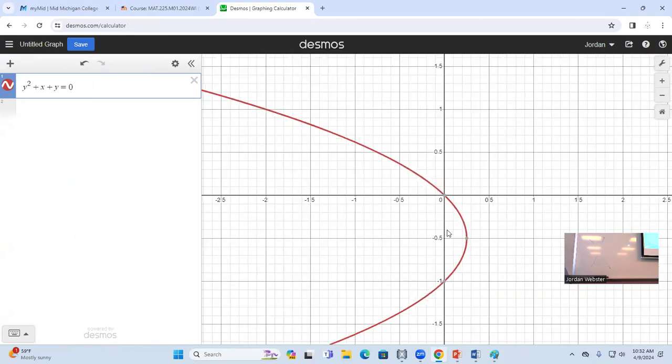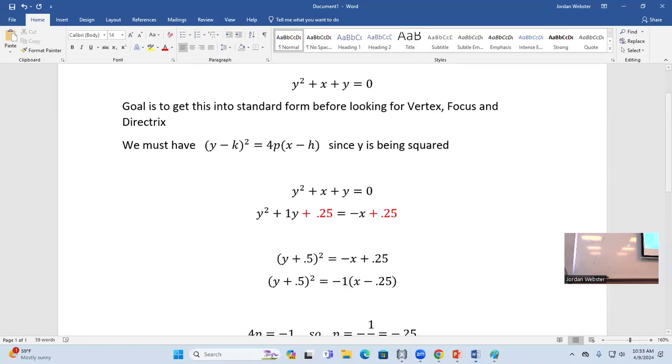And sure enough, if I look at my vertex, it's at 0.25 comma negative 0.5.